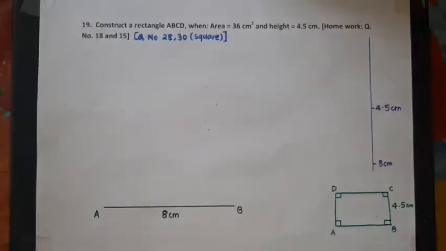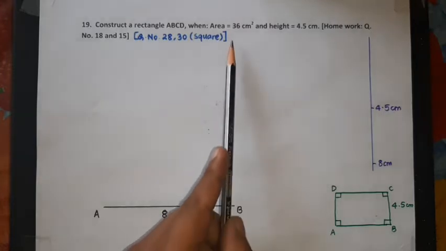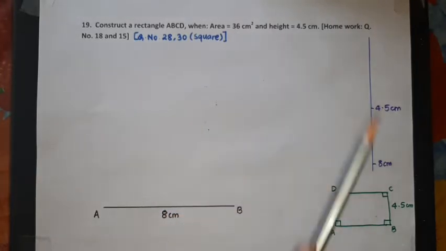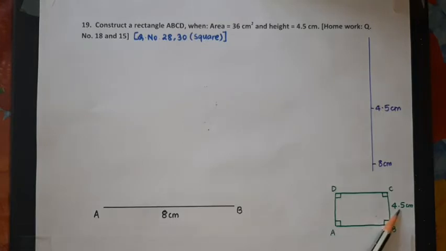Dear students, in this particular question you are asked to construct a rectangle where you have been given area and height. The height is given as 4.5 and the area is given to be 36 centimeter square. But to construct, we don't need area, we need the breadth or diagonal, right?